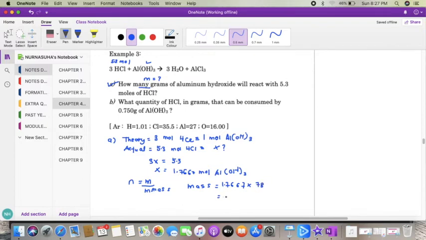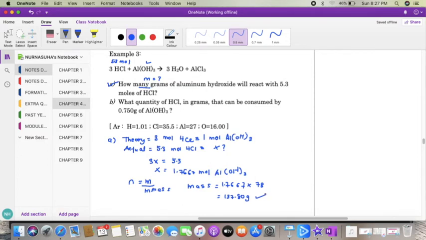So you should get 137.80 gram. Okay, so this is the mass of aluminium hydroxide when reacting with 5.3 moles of HCl.